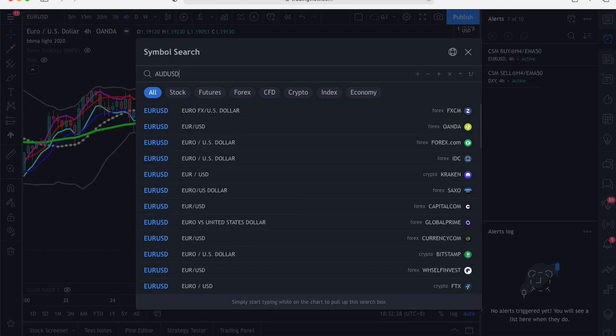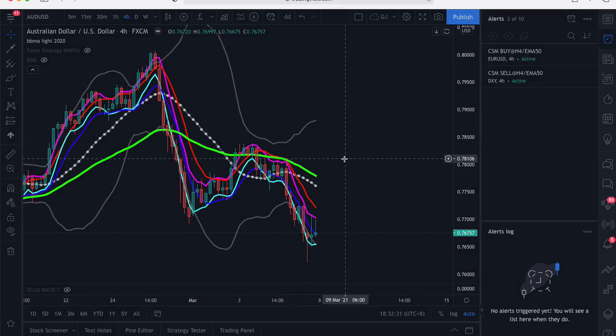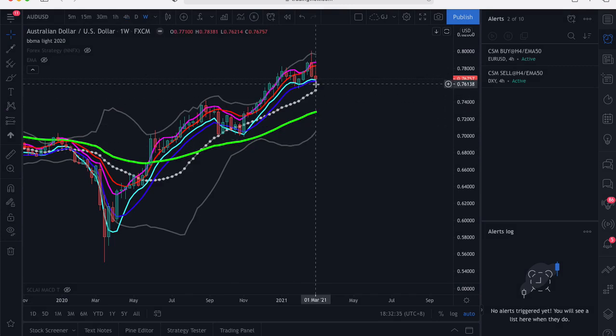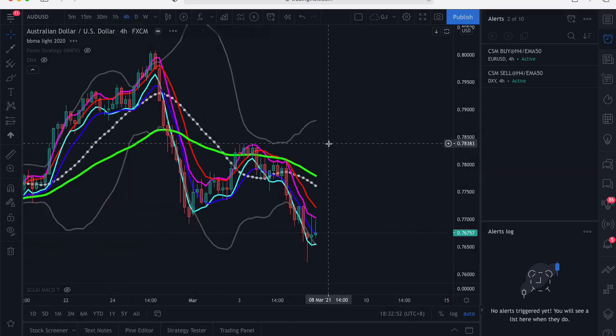Next pair is AUDUSD. Okay, AUDUSD, as you can see here, starting with weekly, is currently at a re-entry buy setup. This is a classic buy setup, and on D1, price actually closed below the EMA 50 but rejected the low BB. So it's a buy setup, but we have to be careful because, as you can see here, price is currently making extreme buy on H4.